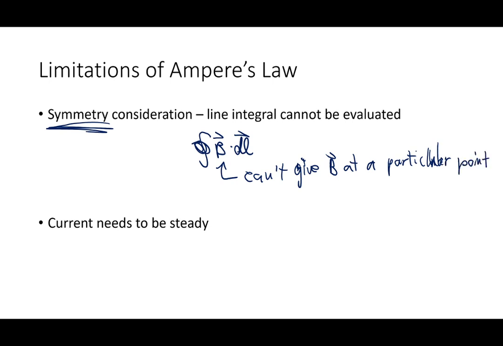You'll introduce too many unknowns for you to solve for the magnetic field at a particular point. But on top of that, this doesn't apply to Gauss's law. On top of that, the current has to be steady.